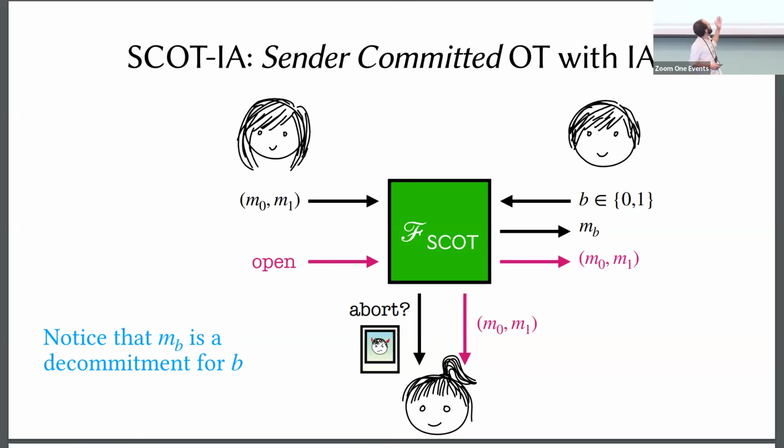Notice that this binds Alice to her inputs. It doesn't explicitly bind Bob, but Bob implicitly is bound as well, just through the natural mechanism of OT, because if Alice puts something unpredictable into her side, Bob can't possibly guess the message that he didn't select. Therefore, M sub B on the screen here actually binds Bob to his input bit as well.